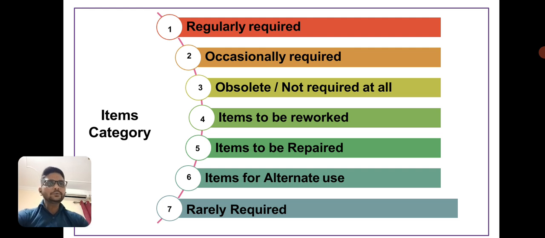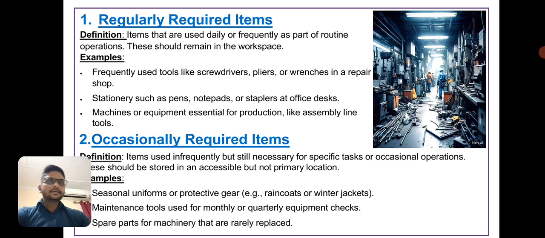items required to be reworked or items to be repaired, items for alternate use, items that are rarely required. These are the item categories we need to define in the red tag format. Next is regularly required, meaning items that are used daily or frequently as a part of routine operation.